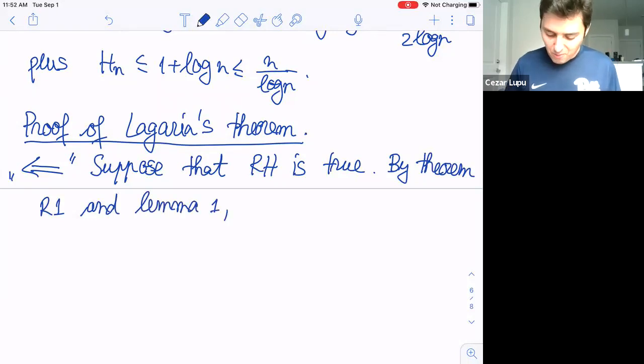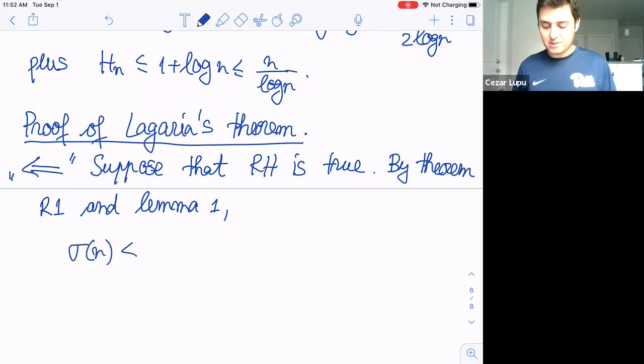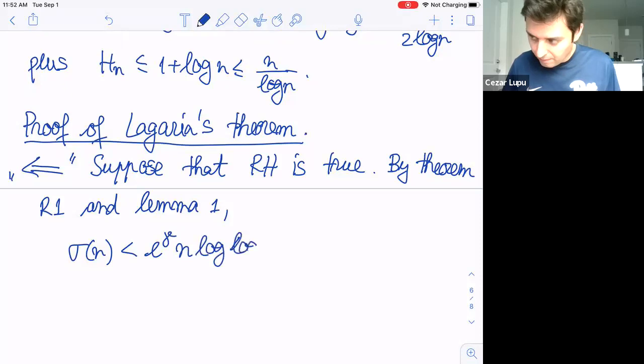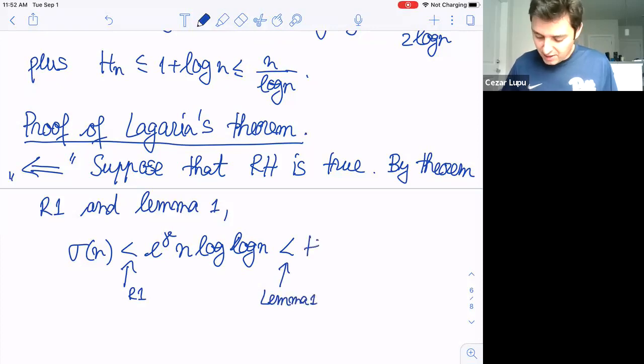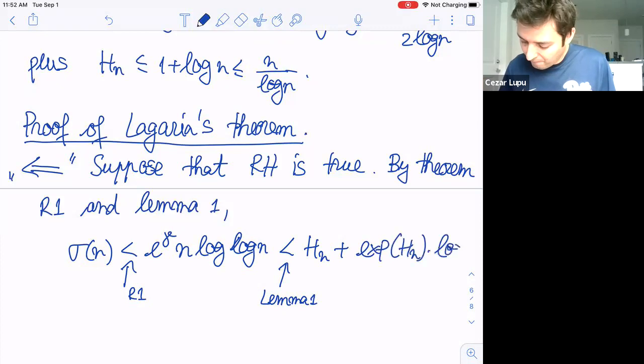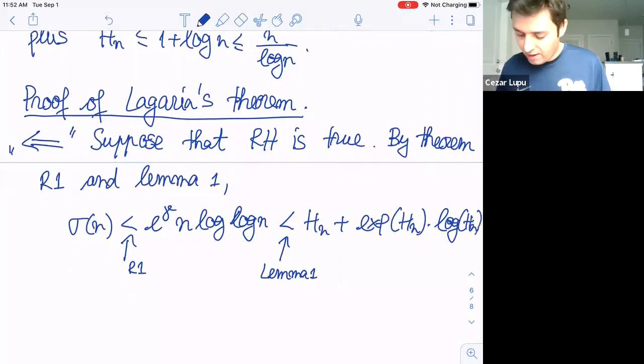So what did we prove? By theorem R1, we said that if the Riemann hypothesis is true, then sigma of n is less than e to the gamma n log n, which is less than, by lemma 1, hn. Well, I add this hn just for free, because we proved only that e to the hn times log of hn is greater than e to the gamma n log n.